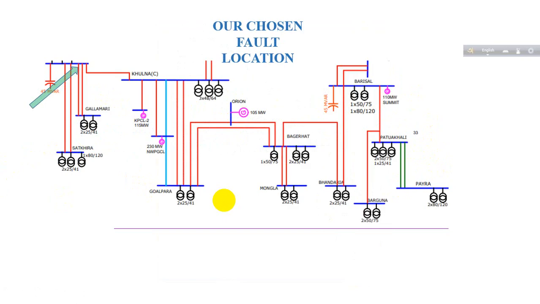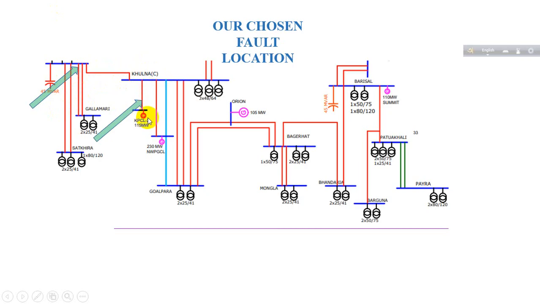Next, we have selected a fault here, the line coming from Khulna to Satkhira. Another fault here, Khulna Power Company Limited.